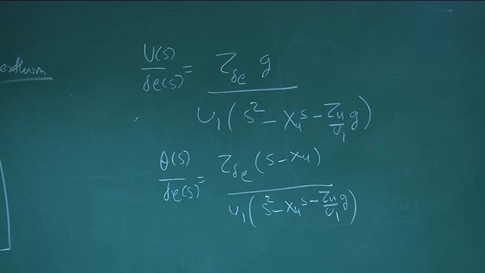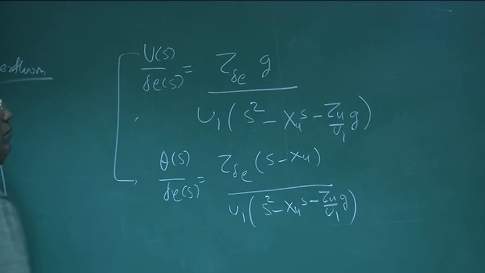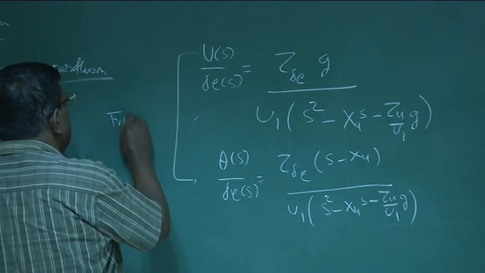So what is U of s by delta E of s? This is called the transfer function. From the short period also you know that alpha of s and delta E of s is a transfer function. So these are called transfer functions.